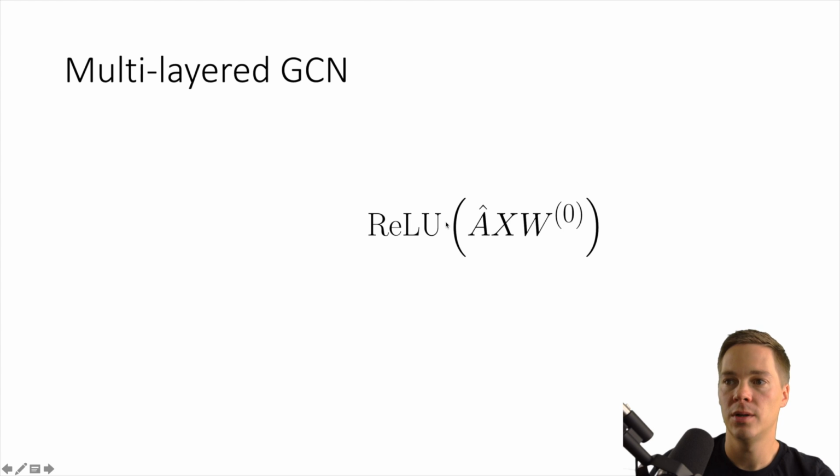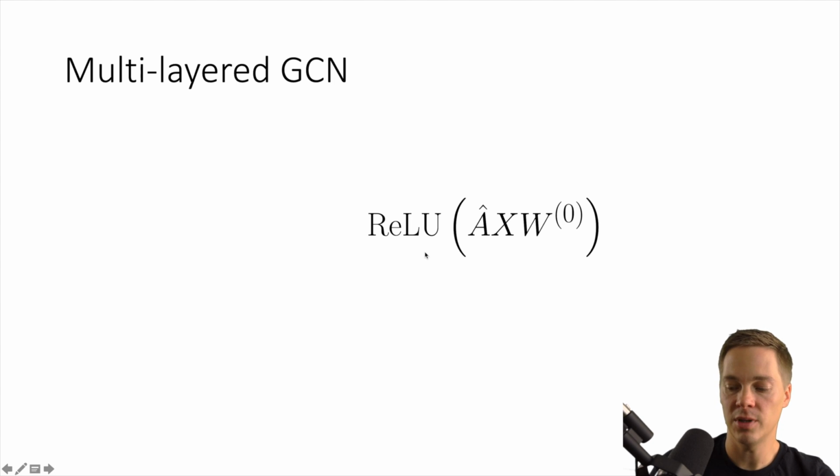We can also create multi-layer GCNs by stacking the output of one layer as the input of another layer. In this case, with our first layer, our inputs are X, the raw features of our nodes. On the left side, we have the graph structure represented by A hat and our parameters, W0. And then we have a nonlinear activation function applied to this operation.